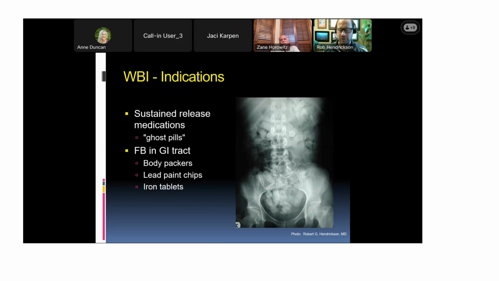As I mentioned, ghost pills are probably the primary reason to use this. What I mean by ghost pills, if I've not used that term before, is pills with a hard outer coating that are designed to slowly release. It's a hard coating that does not get absorbed, period.